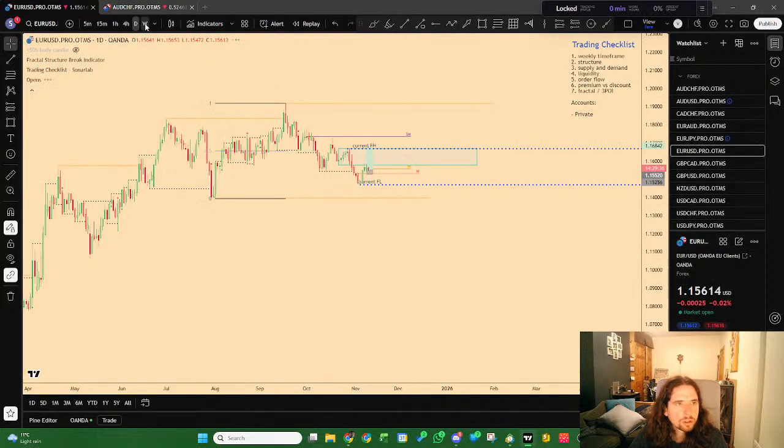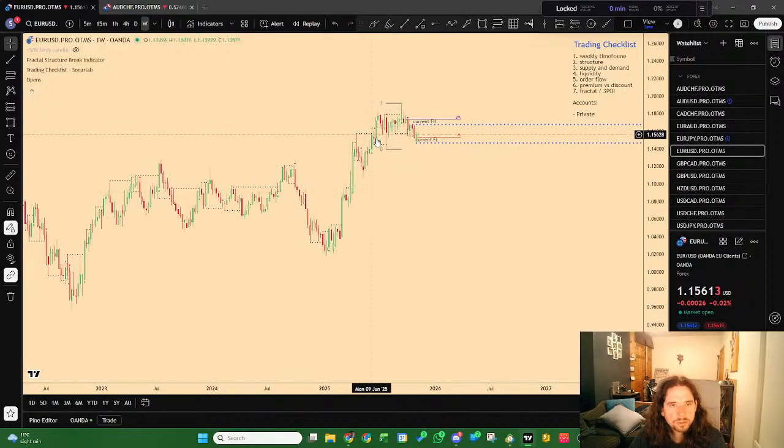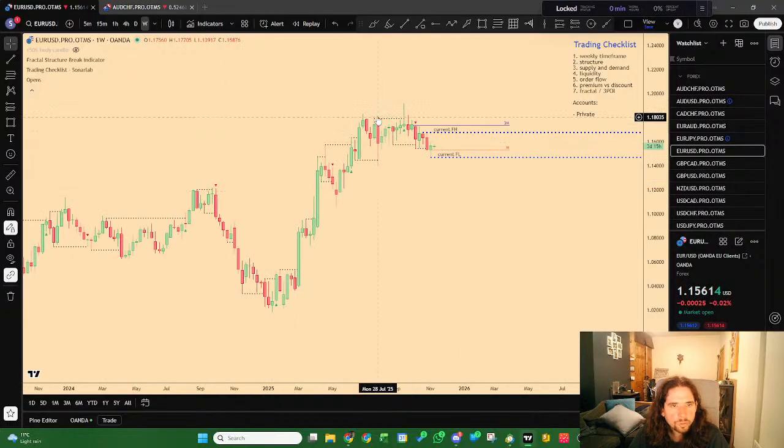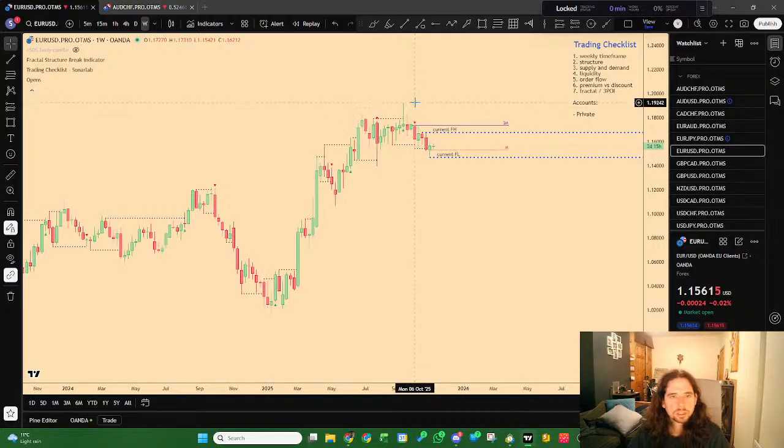Euro USD. We haven't changed character, so we're still bullish from there. There's a bit of a pullback going on here, so we're ranging a bit.